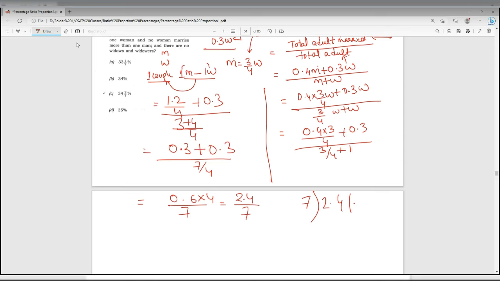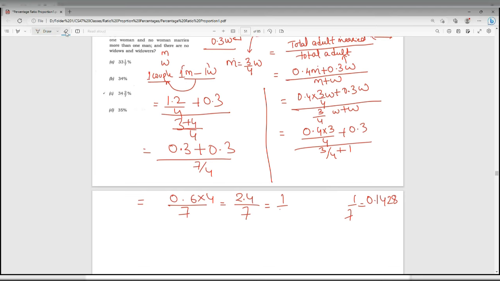You can divide this, or I'll just show another way. We know that 1 by 7 is equal to 0.1428.